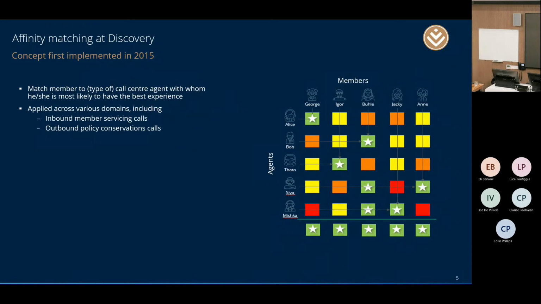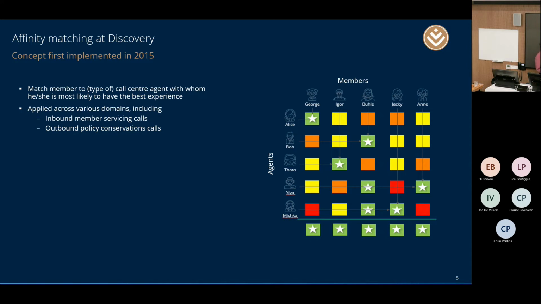For example, on inbound member servicing calls, so a servicing call would be if a member phones in to check on the progress of a claim or change banking details. But also when it comes to what we call conservation calls, if a member indicates that they would like to lapse their policy, we have a dedicated team that could phone them and try to retain these policies on the call. We've also got affinity matching implemented in this team or department.